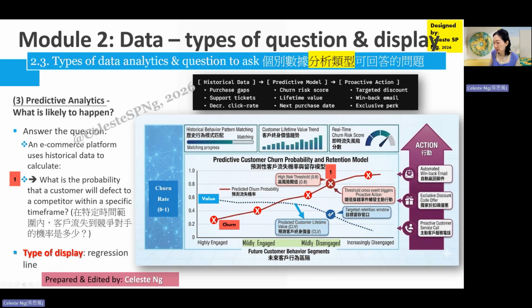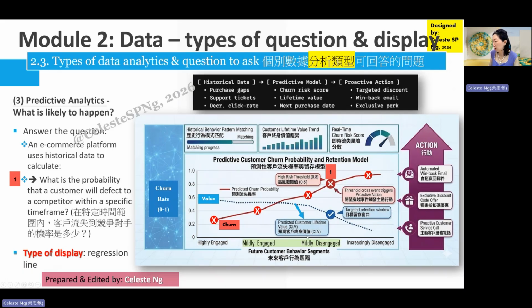How long the customer will stay with you, we never know. Maybe 1 month, 1 year, 5 years, 10 years, we never know. But for each of these customer segments, we make a prediction for its lifetime value.